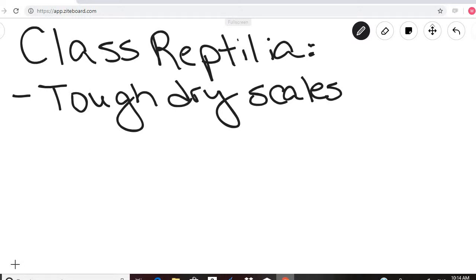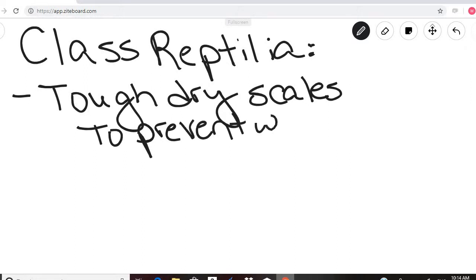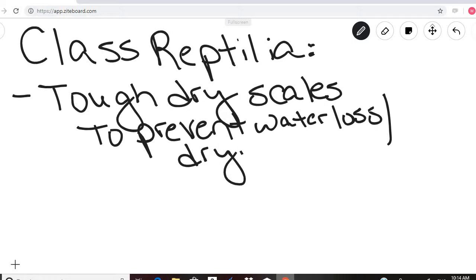Most of the members of class Reptilia live in drier climates, and so these dry scales, their purpose is to prevent water loss and prevent the animal from drying out. You'll remember that we said that fish are actually covered in a coating of mucus.